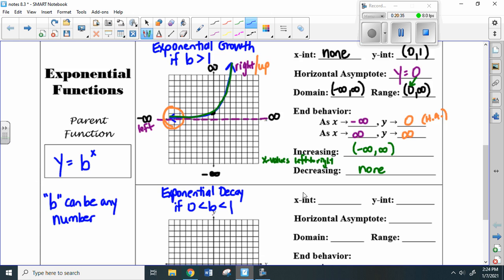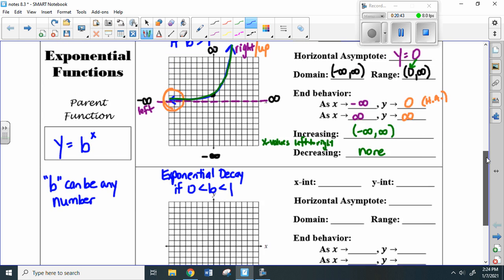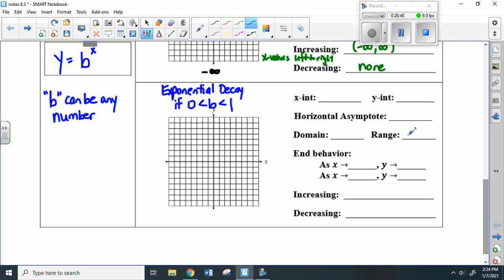All right, so let's come back over here. Let me try to be consistent. My y-intercept would still be at 0, 1, and there would still be no x-intercept because I still have a horizontal asymptote at y = 0.